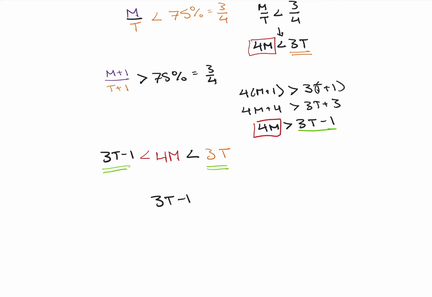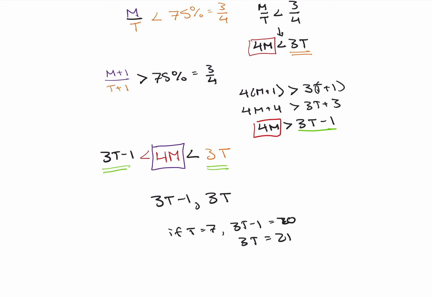So let's say if T was 7, then 3T minus 1 is 20, and 3T is 21. So they're consecutive integers, and what that means is that this number, 4M, cannot be between 3T minus 1 and 3T.